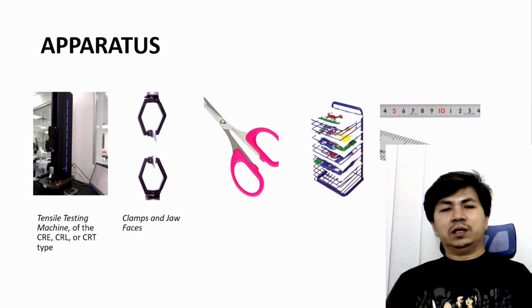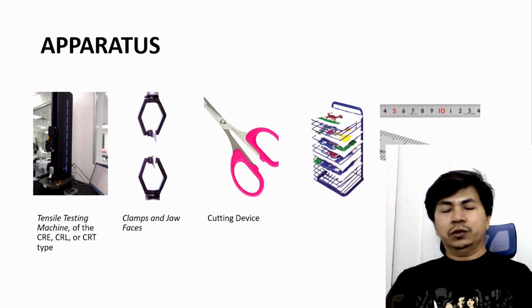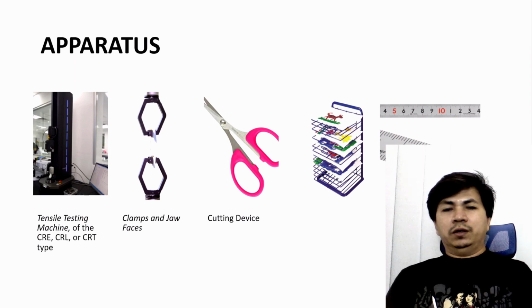Next point is clamp and jaw. You know that this is a tensile test, so we have to apply force. So we need to grip the specimen, which is done by the jaw or clamp. Another one is the cutting device. We prepare the specimen from a sample, so we need to cut it to the appropriate size.